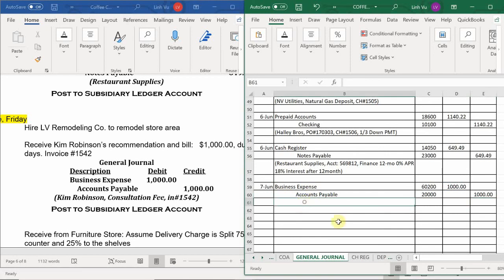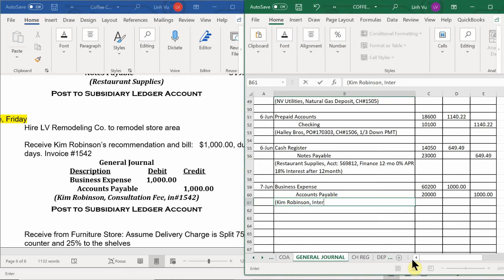Since I am not going to be writing a check yet, I have all the information I need for my description. I worked with Kim Robinson. Why did I get her?